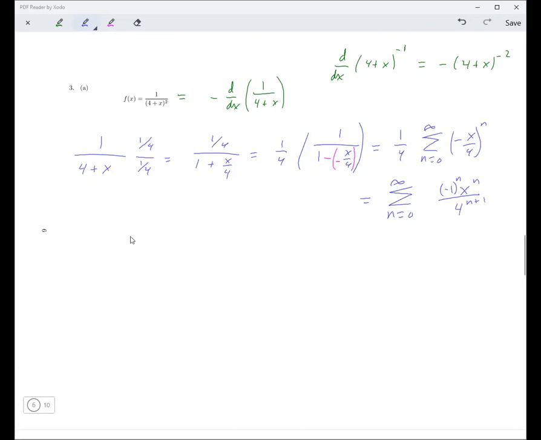Okay, so now let's go to the next step. So now we're applying this part here. Okay, 1 over 4 plus x is this. So you're applying the negative of the derivative, so negative, and then differentiate this.